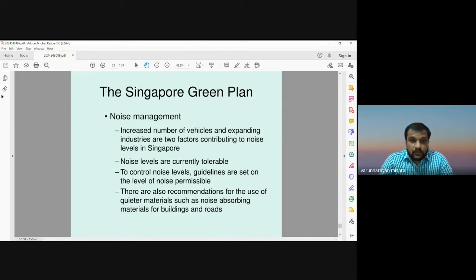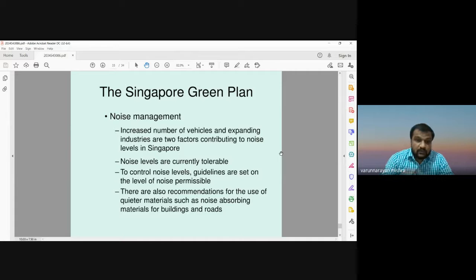Noise management is also important in conserving the environment. The increased number of vehicles and the expanding industries are two factors contributing to noise levels in Singapore, and noise levels are currently tolerable.